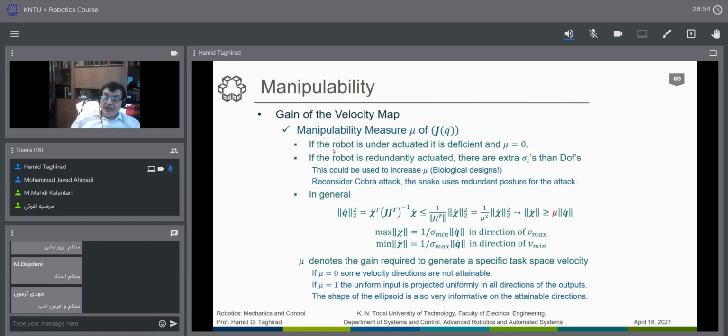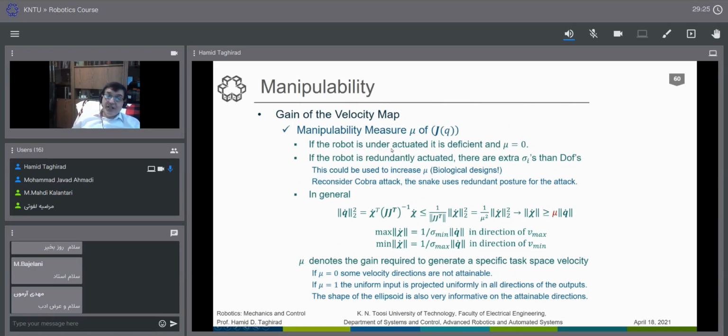So we consider that we have only one actuator or two actuators for 5 or 6 degree of freedom motion. We have limited actuation, we call it under-actuated, and in Farsi we call it furu tahrik. Under-actuated is when the number of actuators is smaller than the number of the joints.